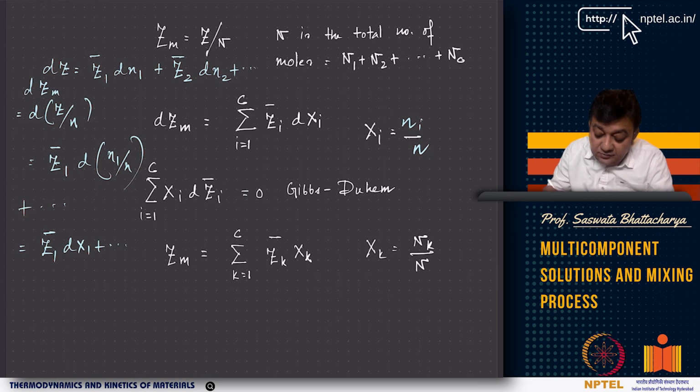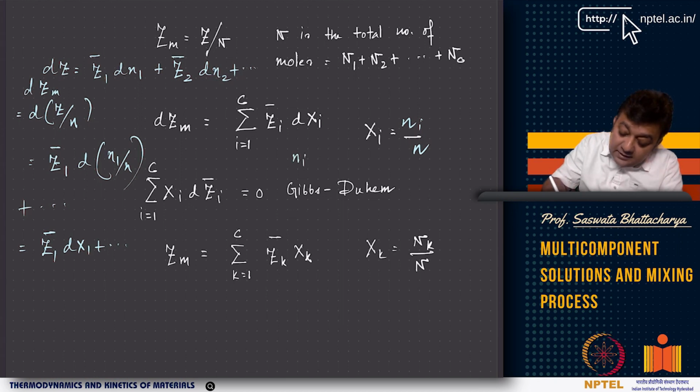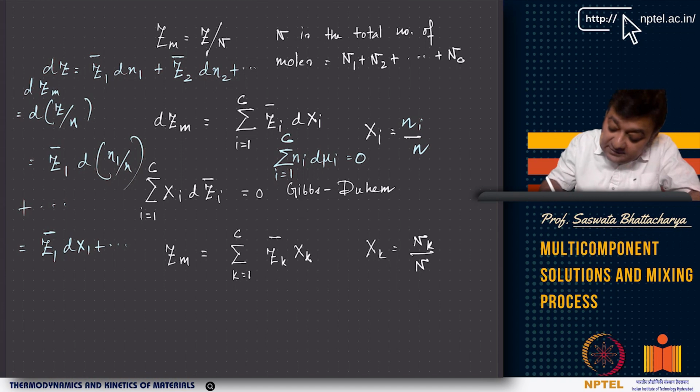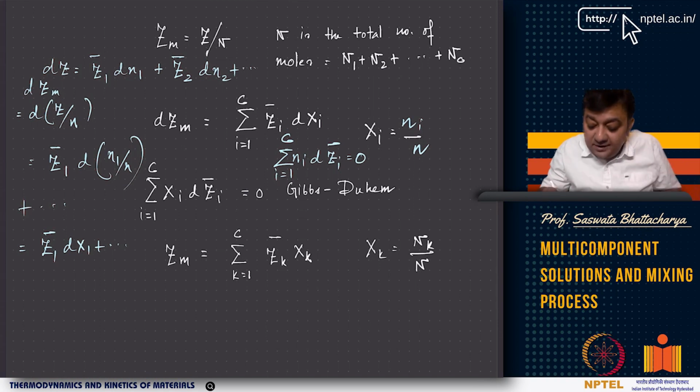And we also know the Gibbs-Duhem relation: Ni d mu i, summed over i equal to 1 to C, equals 0. Now, if I again divide by N, we will get xi d mu i equal to 0, or xi d Zi bar equal to 0.